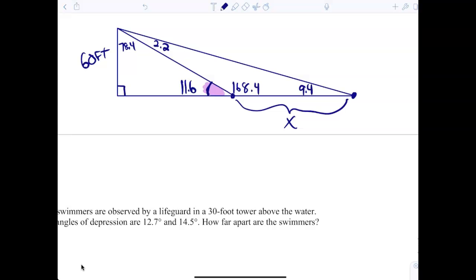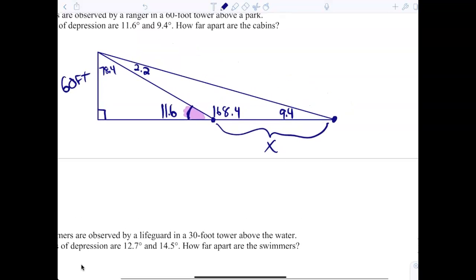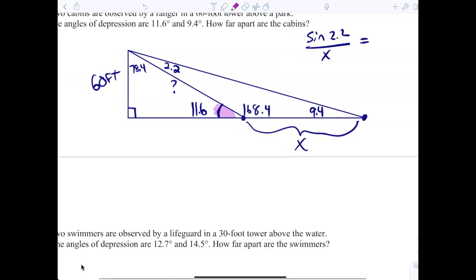Now, if I'm trying to find x, I could use the law of sines. Pay attention. I could say sine of 2.2 over x is equal to, now I just need to figure out what this is right there. Everybody agree with me on this? So I'm missing the hypotenuse of this triangle right here.